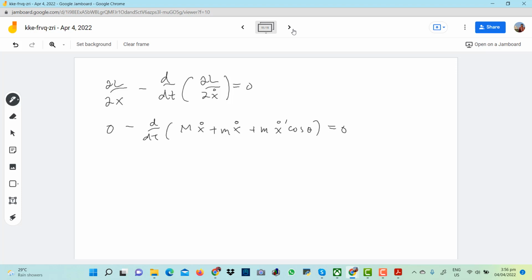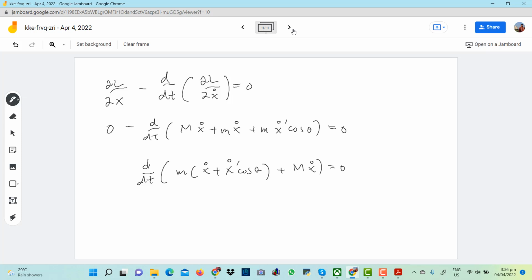I can factor out the m. I have d/dt of m x dot plus x dot prime cosine of theta plus big M x dot equal to 0.